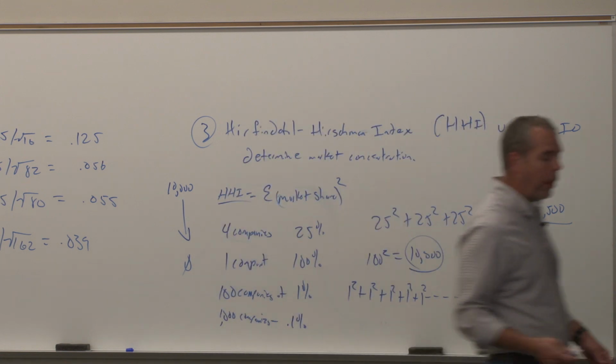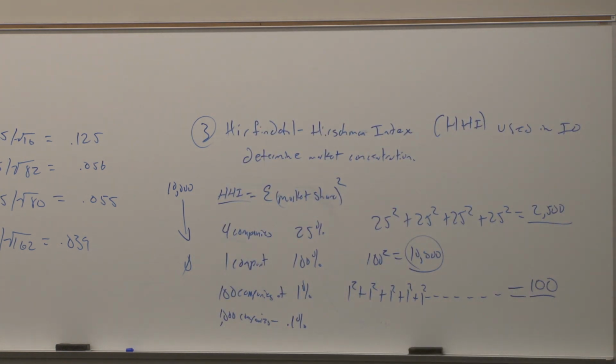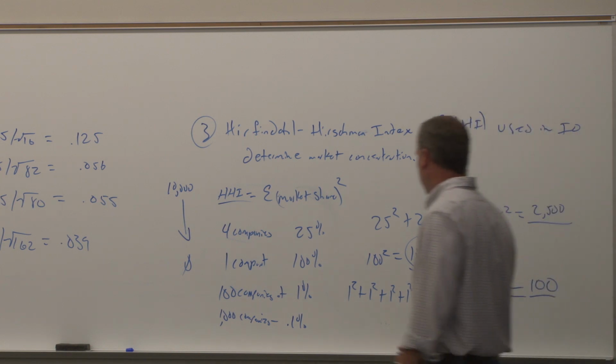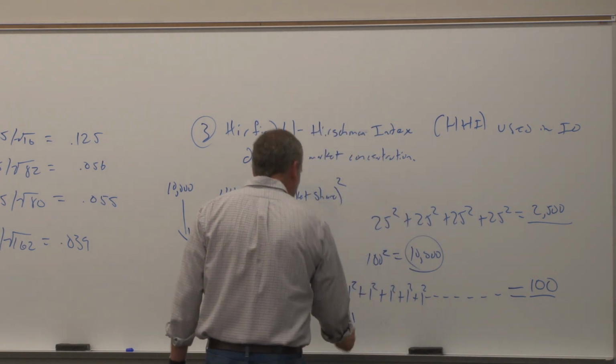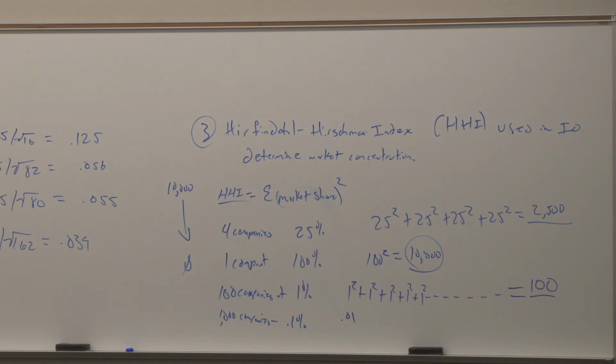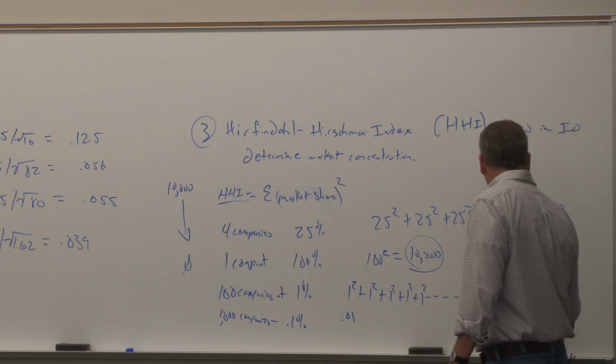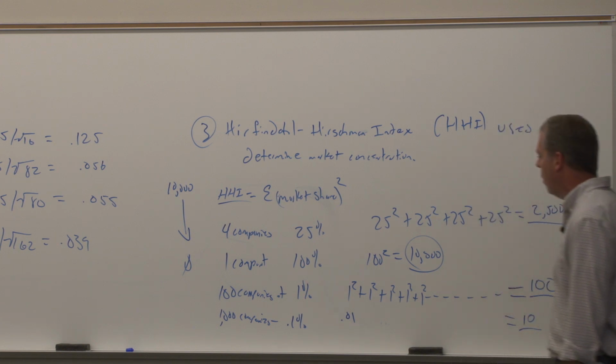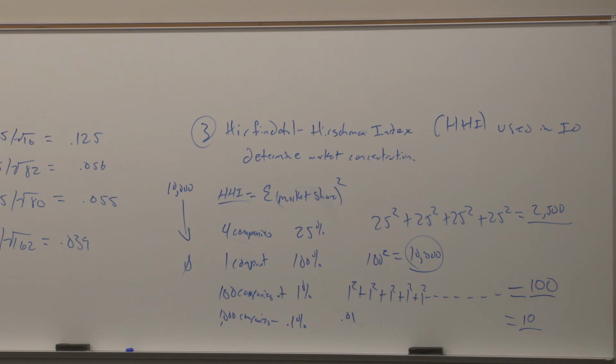But 0.1% squared is 0.01, and you add up 1,000 of those, here we get a value of 10, and on and on down the line. So the larger this guy becomes, the more concentrated the industry is.